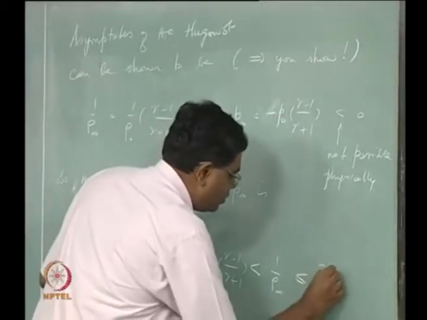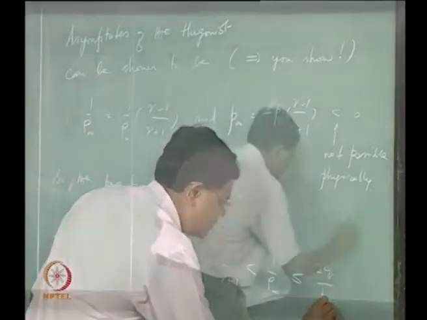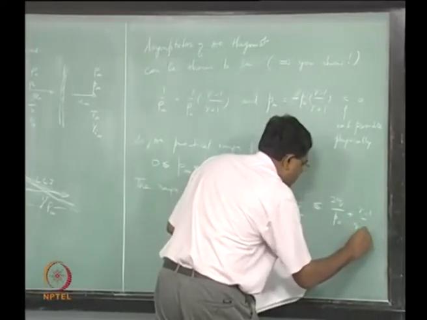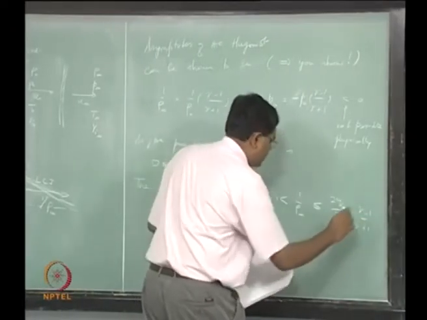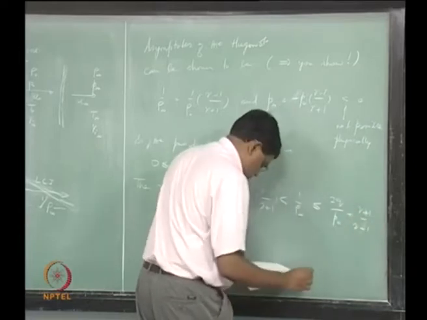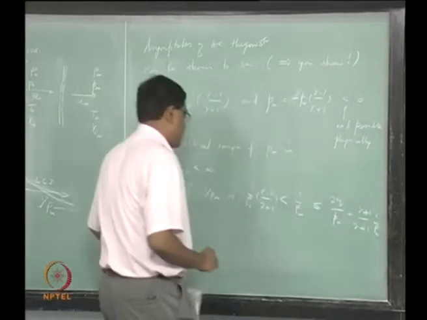what's now called 2q divided by p naught plus gamma plus 1 divided by gamma minus 1, times 1 over rho naught.